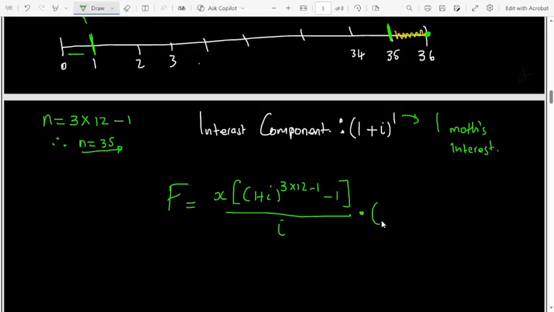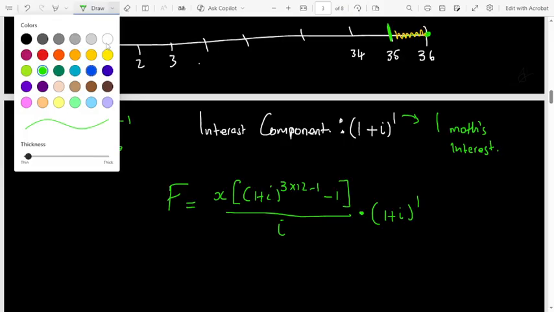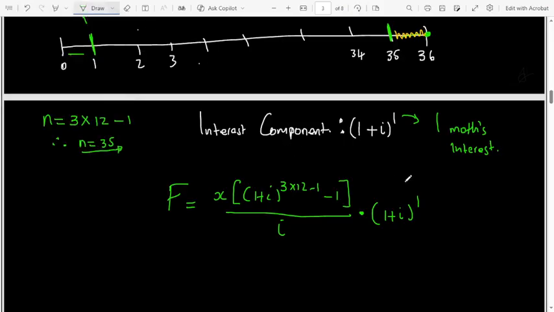Just take this and multiply it by your interest component, which is to the power 1. That's how you calculate the future value. What I'm trying to show you is how to choose your formula.